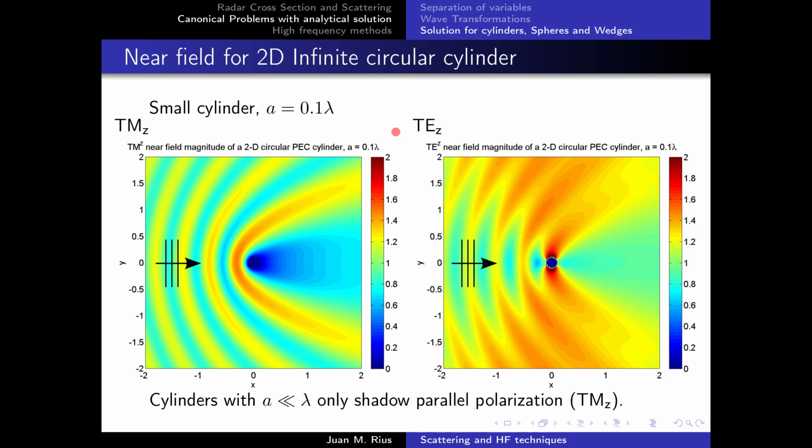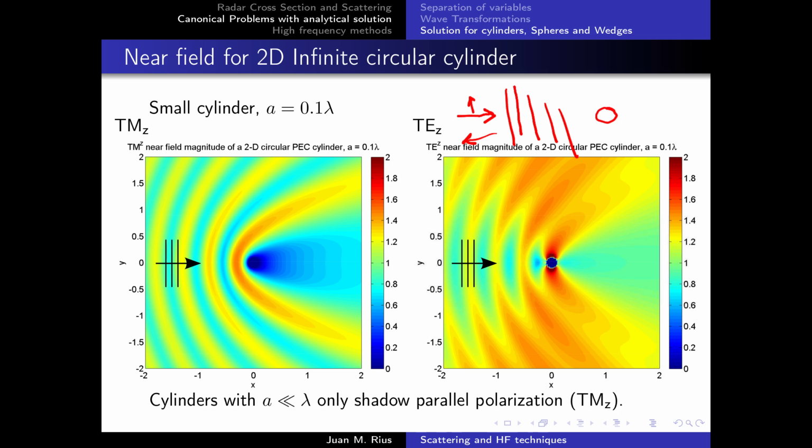However, there is a high interaction in the TM case, but you already knew that, because you knew that when we have a grid of wires, a wire grid, remember? If the incident field is parallel to the wires, the wire grid behaves as a reflector, as a solid plane, and it reflects the field, and we have a shadow region with zero field behind.